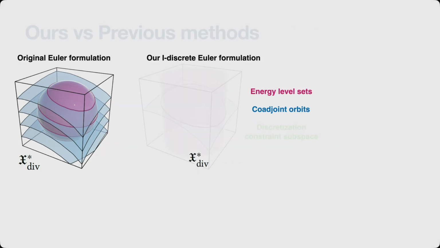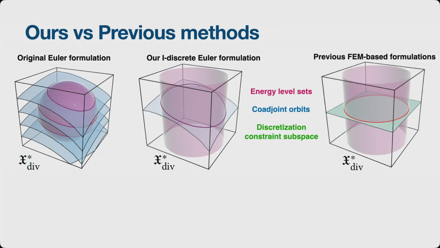But if you compare this now with the previous finite element methods, and the way we generally deal with physical systems when we're talking about simulating them, we don't care about the coadjoint orbits too much, specifically for these infinite dimensional systems. They're just out of our hands, and mostly we basically say that, okay, as long as I am preserving the energy, which is something I can measure on the discrete sheets, like this green line, I should be fine.